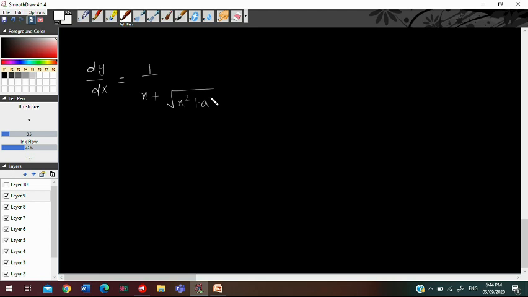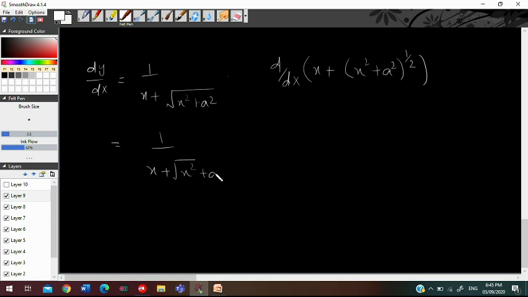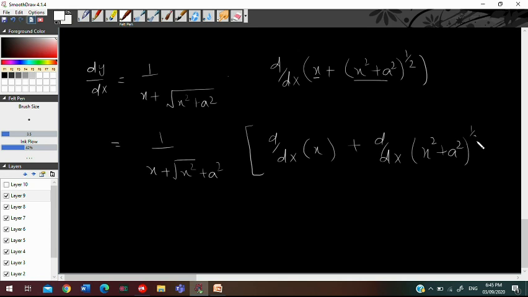(x square plus a square) power 1 by 2, then d by dx of x plus (x square plus a square) power 1 by 2.